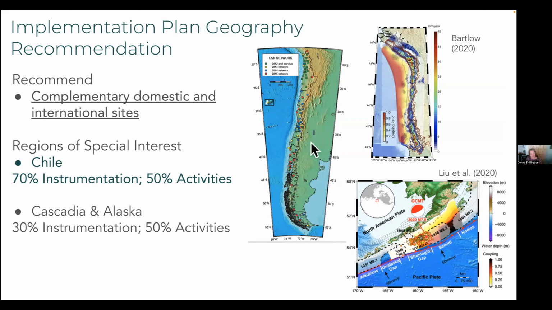Once the Chilean subduction zone was identified as of special interest to SZ4D, we've now, over the last years, been having really deep conversations with Chilean and Argentinian scientists about what are the opportunities in this subduction zone.